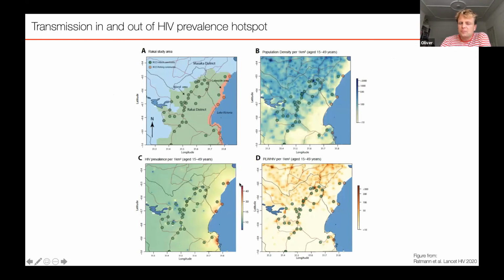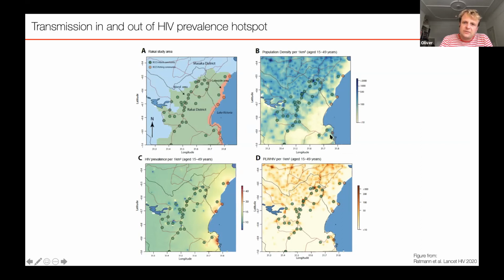So there, as you can imagine, there are probably many different sampling biases underlying the data that we're looking at. But just to raise sensitivity to this issue, you can look at population density in the area under surveillance, and you can see that generally there are more individuals living inland compared to at the shores of Lake Victoria.